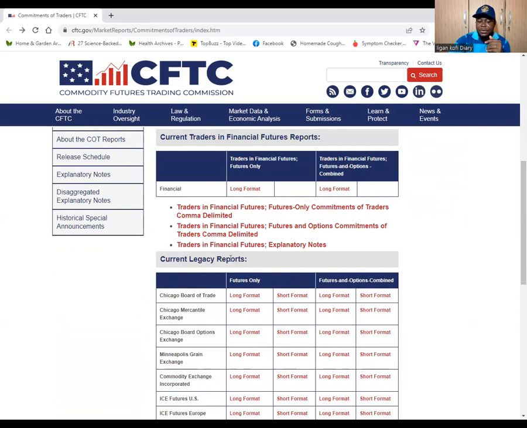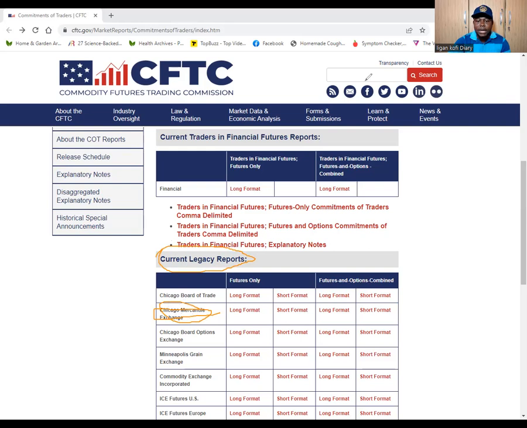Under current legacy report, you will see Chicago Mercantile Exchange. Here, this one here. So you first come to current legacy report, and under that, you come to Chicago Mercantile Exchange.